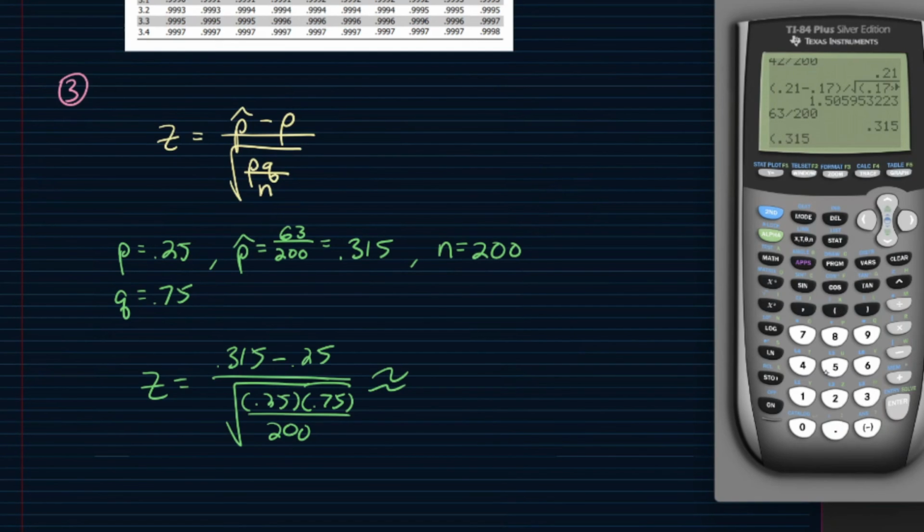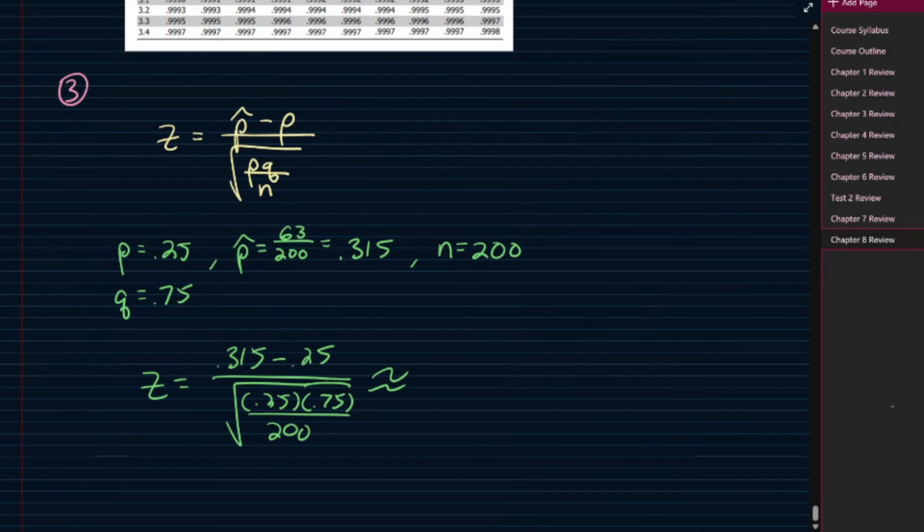So 0.315 minus 0.25, divided by the square root of 0.25 times 0.75 divided by 200. 2.12. That is our test value.